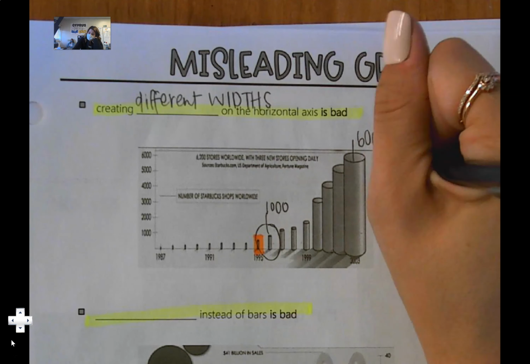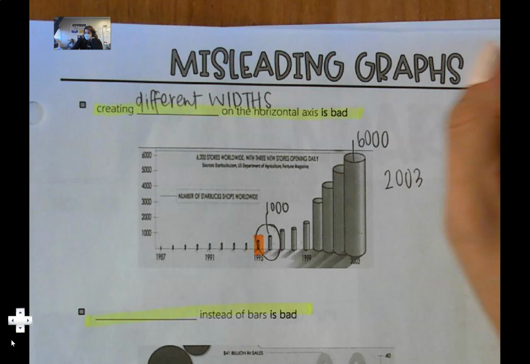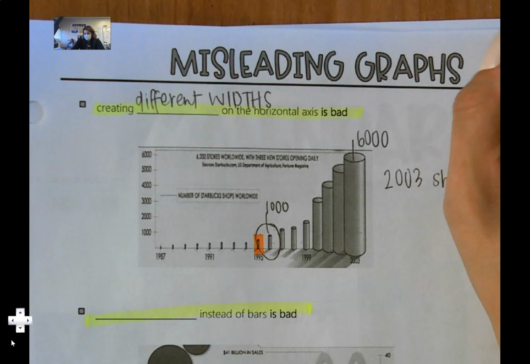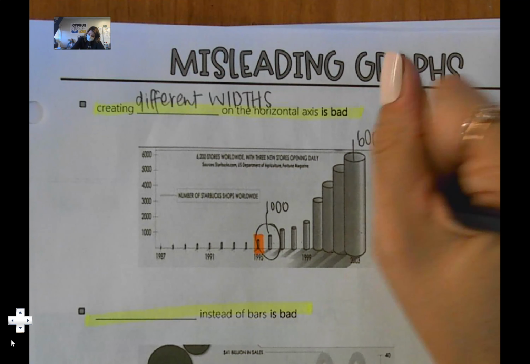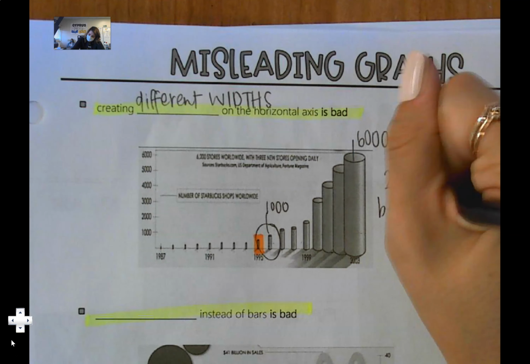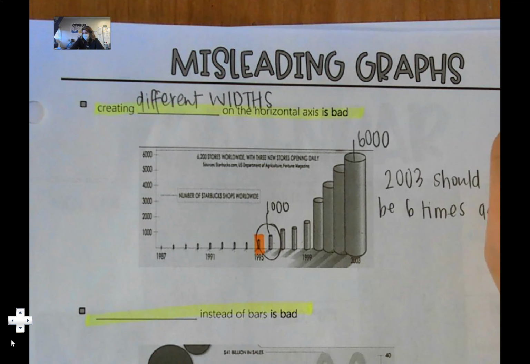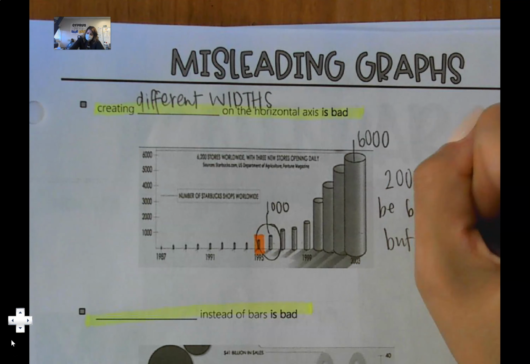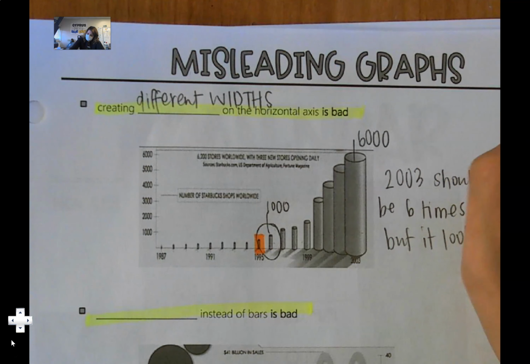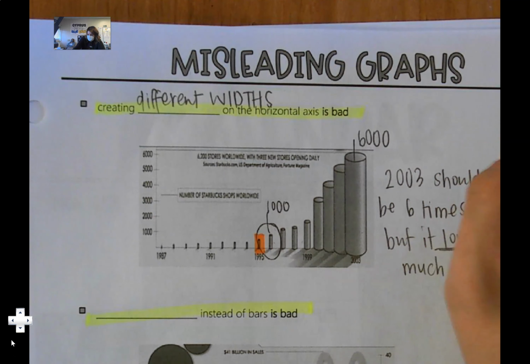So here, I'm just going to write down that 2003 should only be 6 times as big, but it looks like much more.